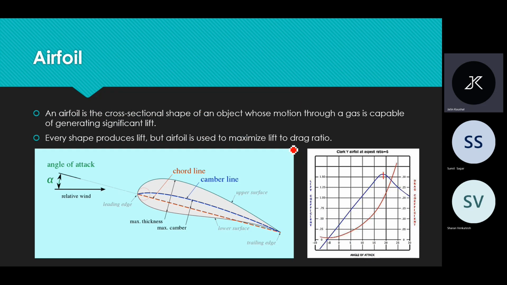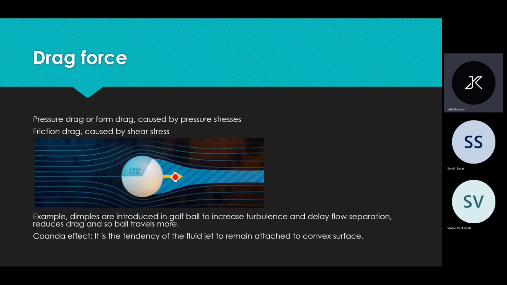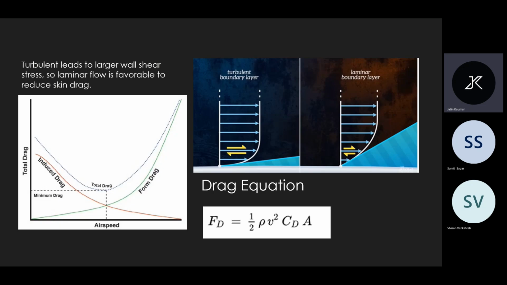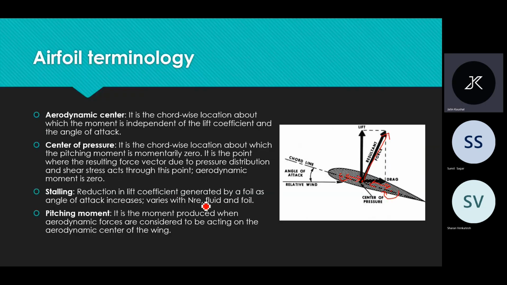But as we increase the angle, the boundary layer starts to separate, and there is a formation of a suction region that has the presence of turbulent eddies. That increases the drag, so the lift coefficient decreases. That is the reason for stalling: the reduction in lift coefficient generated by a foil as the angle of attack increases.